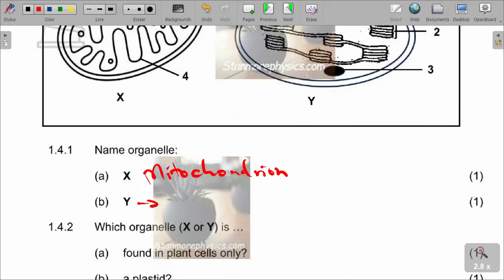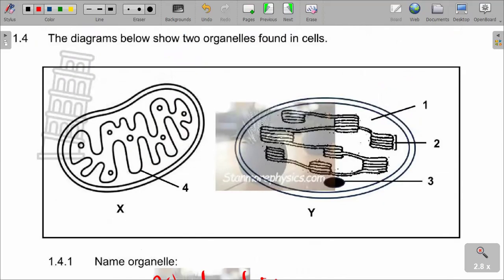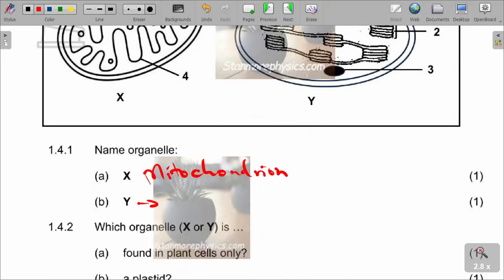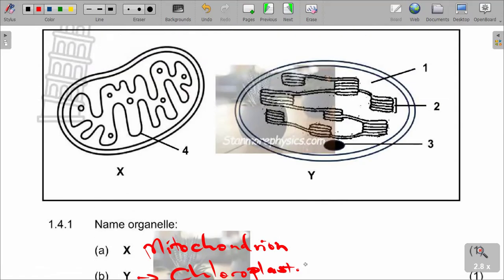And Y, as you can see, is the chloroplast. It identifies the mitochondria and the chloroplast.